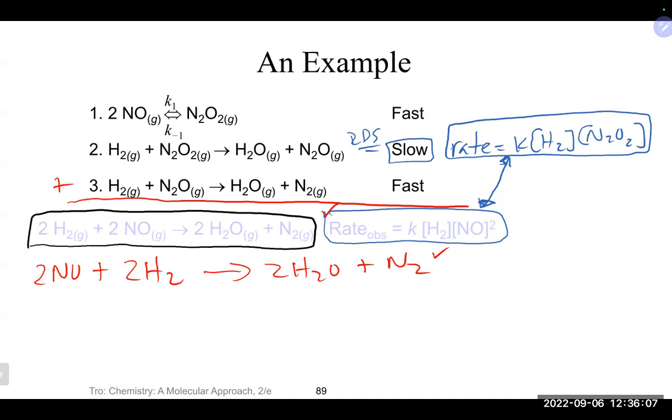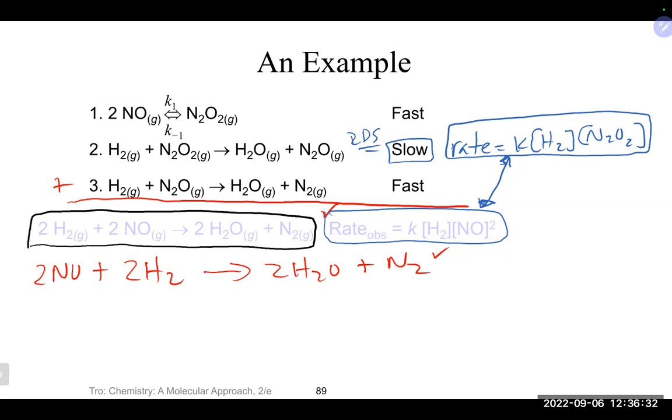In order for you to compare, you have to do like the old saying, compare apples to apples, oranges to oranges. Because the rate law for the slow step here has an intermediate in it, we have to get rid of the intermediate using a little bit of math so that we can then compare rate law to rate law of things that are not intermediates.